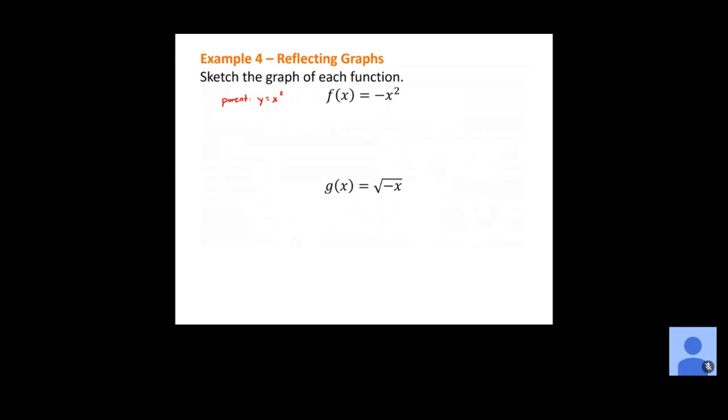Now, what type of transformation are we going to have for this f of x function then? Okay, so it's going to be a reflection. So now the question is, is that negative inside with the x, or is it in front of the entire function? So tell me that first. Is this inside with the x or in front of the entire function?